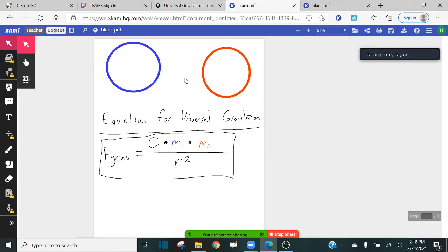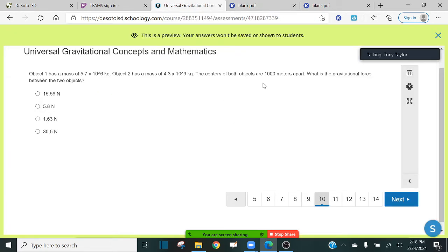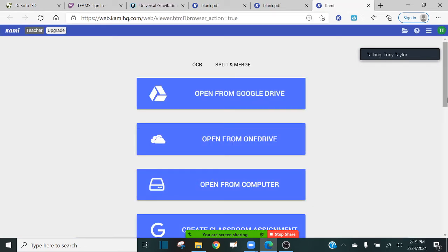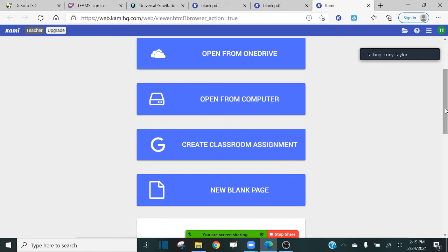So we're going to use this equation to work out this problem because we're solving for the gravitational force between the two objects. I'm going to open up a new page and walk y'all through how to set this up.